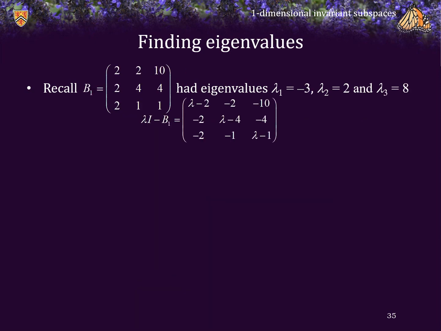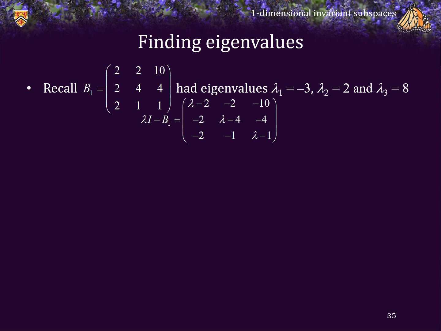Recall that the matrix B1 had eigenvalues -3, 2, and 8. Now what we will do is substitute these 3 eigenvalues into the matrix lambda times the identity minus this matrix B1.